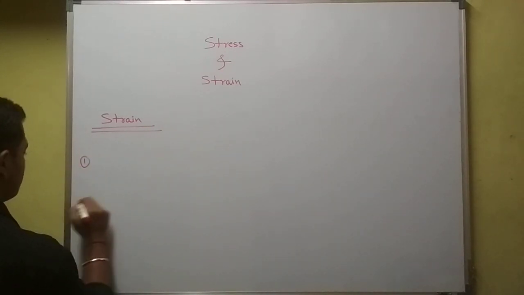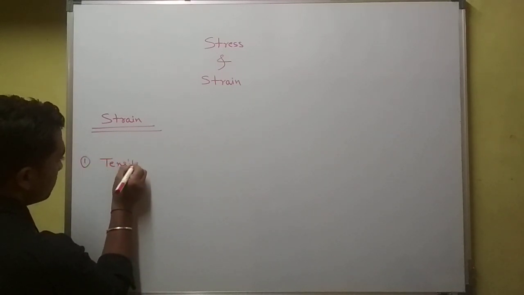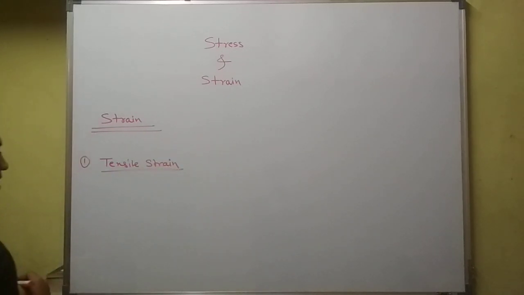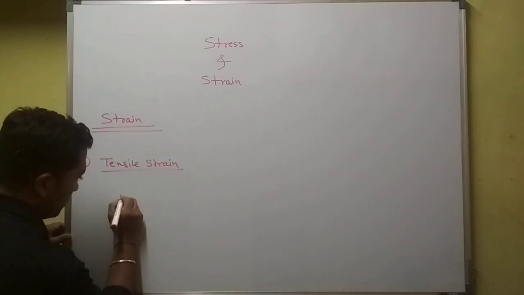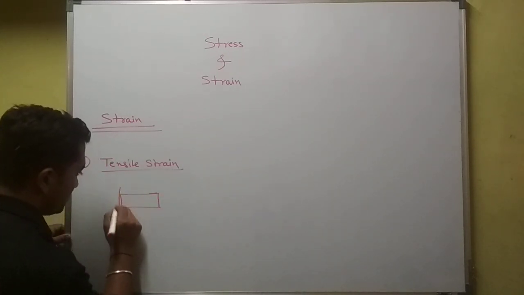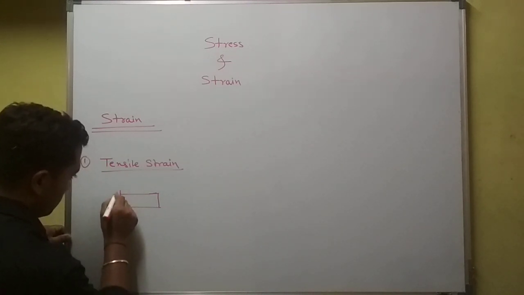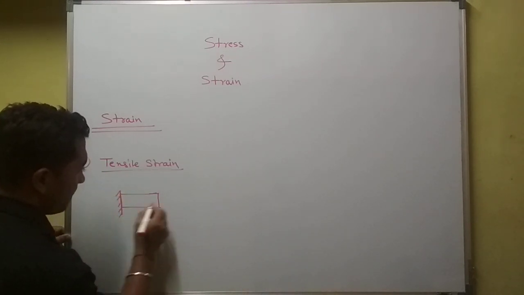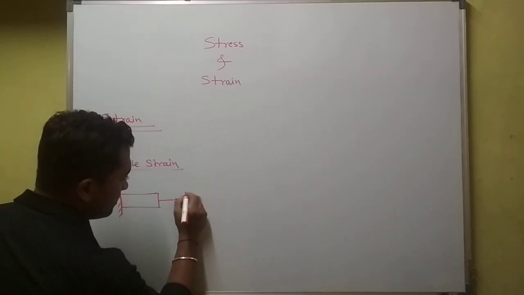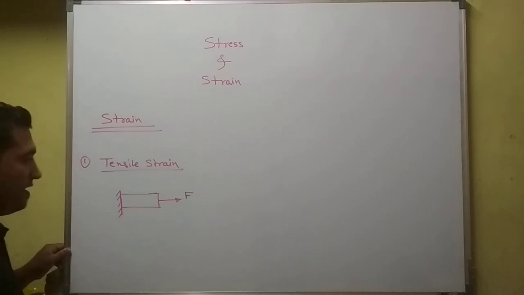First one, tensile strain. We will take one body like this. We will fix that body at the left side and apply the force on the right side. This is F and the cross-sectional area of this body is A.